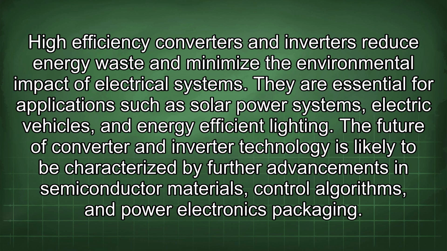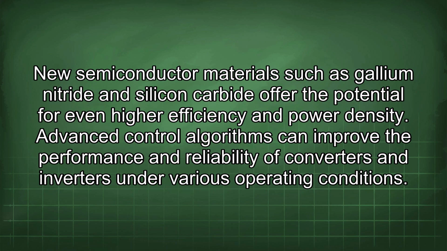The future of converter and inverter technology is likely to be characterized by further advancements in semiconductor materials, control algorithms, and power electronics packaging. New semiconductor materials such as gallium nitride and silicon carbide offer the potential for even higher efficiency and power density.